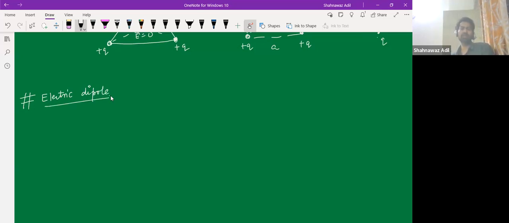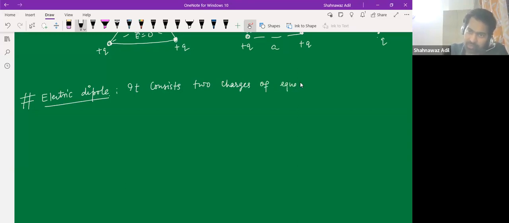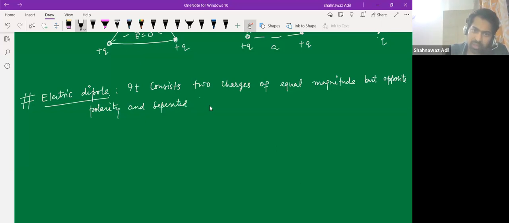So what is an electric dipole? An electric dipole consists of two charges of equal magnitude but opposite polarity and separated by a small distance.